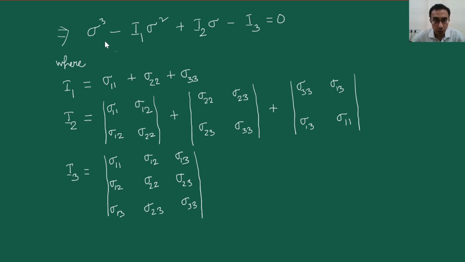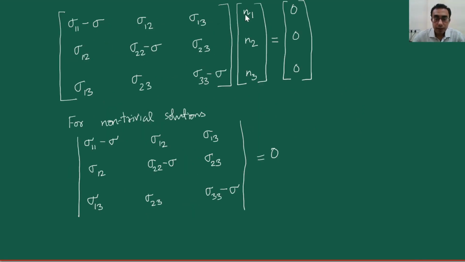Okay, now correspondingly, each sigma will give rise to a set of n1, n2 and n3. So suppose we obtain as solutions sigma 1, sigma 2 and sigma 3, then corresponding to sigma 1 we'll have one set of n1, n2, n3. Then for sigma 2 we'll have another set of n1, n2, n3, and for sigma 3 we'll have another set of n1, n2 and n3.